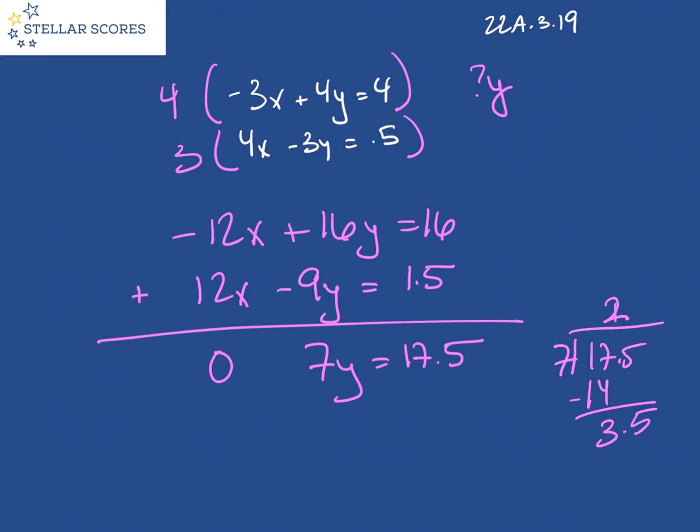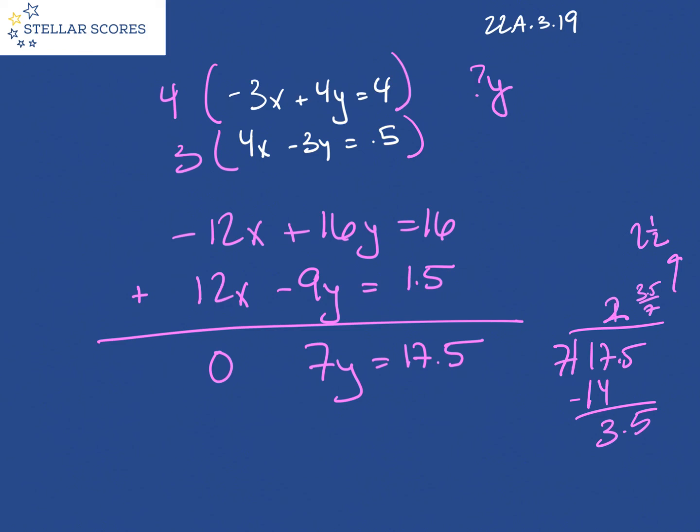So this is 2 and 3.5 over 7, or another way to look at that is, wait a minute, 3.5 is half of 7. So another way to say this is 2.5. So 17.5 divided by 7 is 2.5, and you can go back the other way to make sure you did it right. 2 times 7 is 14, half of 7 is 3.5, 14 and 3.5 is 17.5.